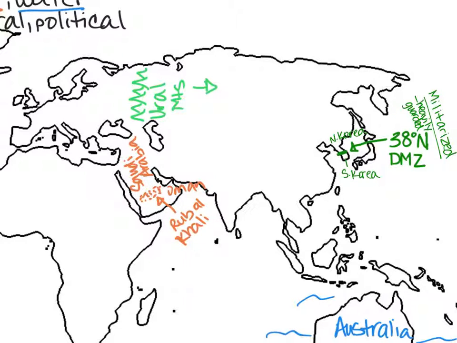Let's look at cultural now. So for cultural, I'll do pink. And I'm actually staying on this side of the world, so I'll just stay over here. I'm looking at India. So India we know is right here.